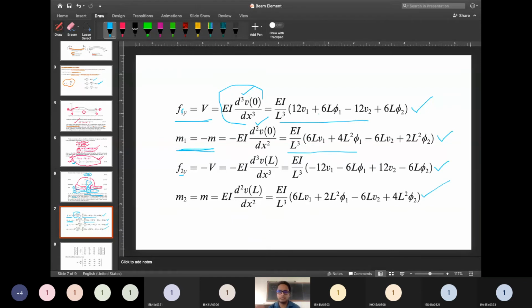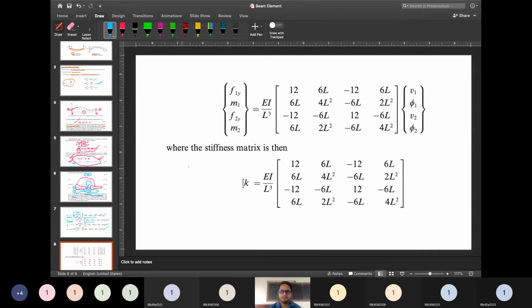Again here is one pattern. You can see V1, phi 1, V2, phi 2. Again you can write these equations into a matrix form, and you will get it like this. F1y, M1, F2y, M2 equals to, this will be your matrix 12, 6, minus 12, 6.